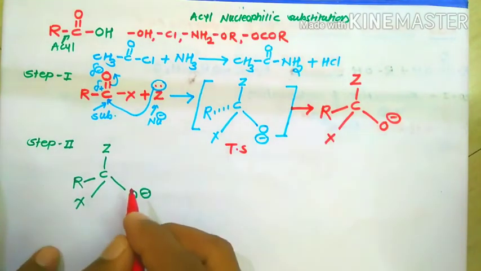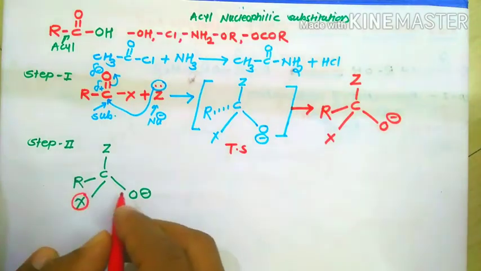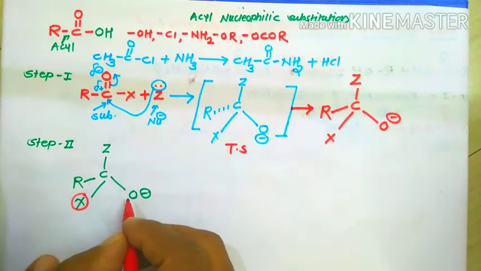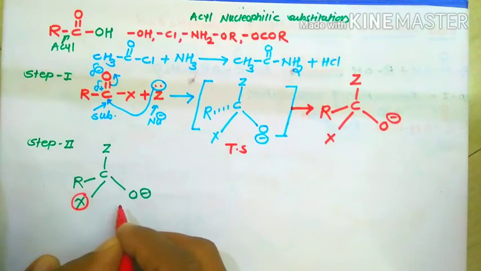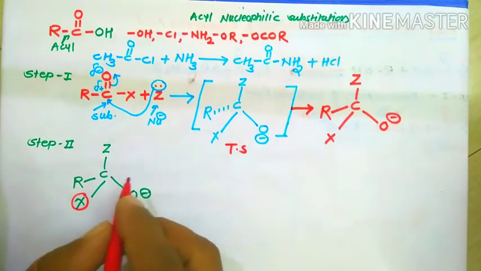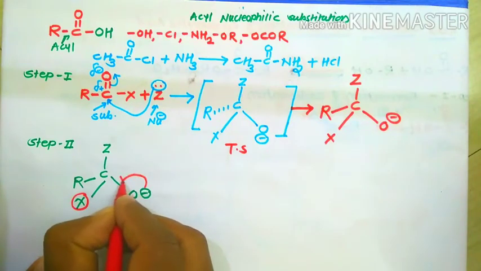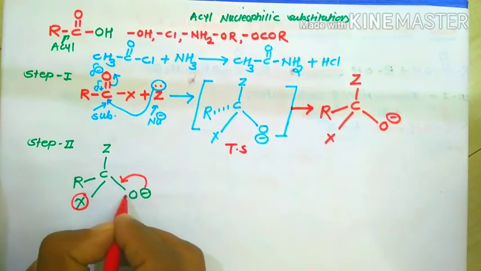The tetrahedral intermediate loses the leaving group, that is the X group, which is assisted by the negative charge on the oxygen atom. The oxygen contains negative charge, therefore oxygen is electron rich. This non-bonded electron pair coordinates with the carbon atom to form a single to double bond.